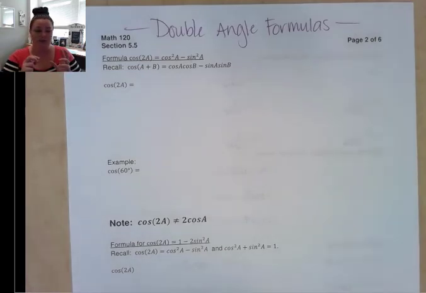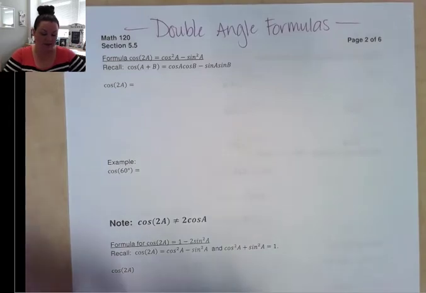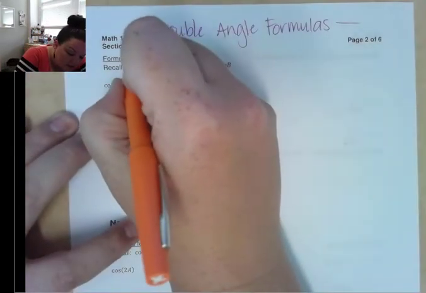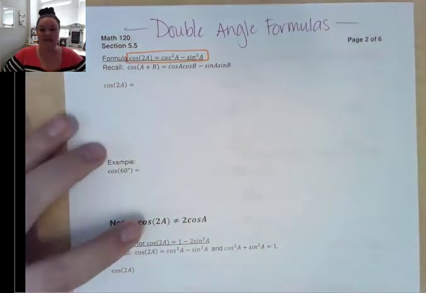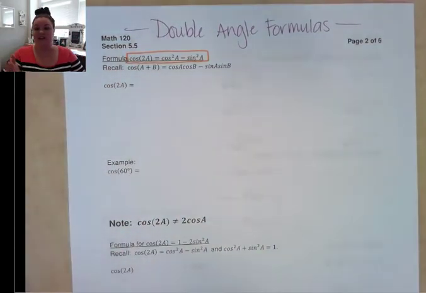Then we'll go into how we can use these formulas to do other proofs and other types of problems. These would be good formulas to write down on a note card or a page so they're quick to reference, versus flipping through all the pages of 5.5.